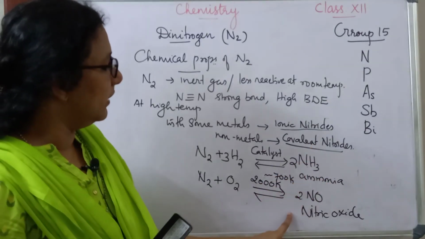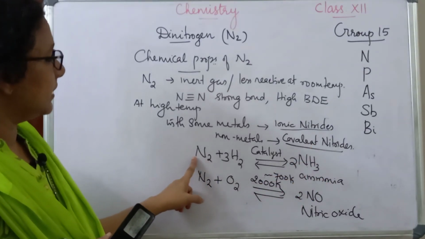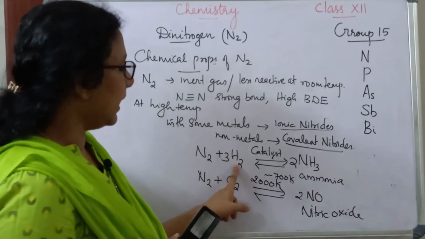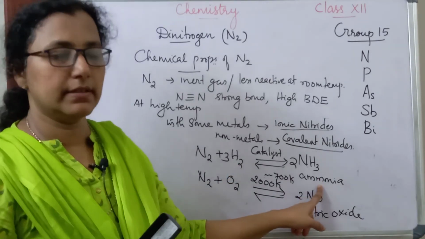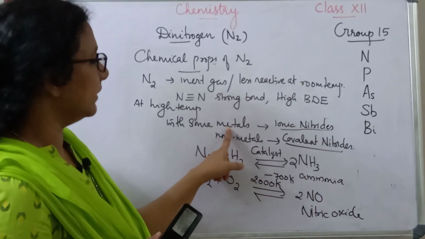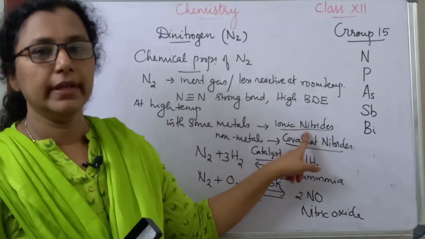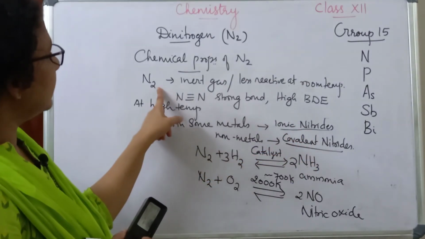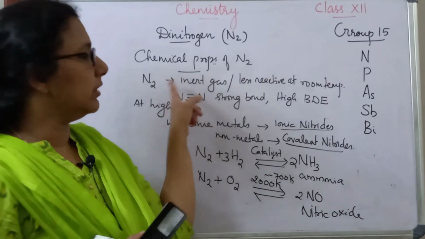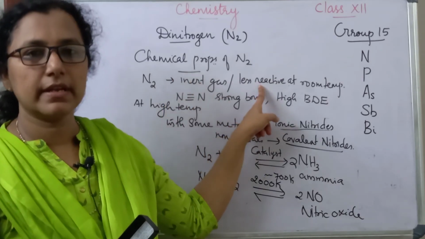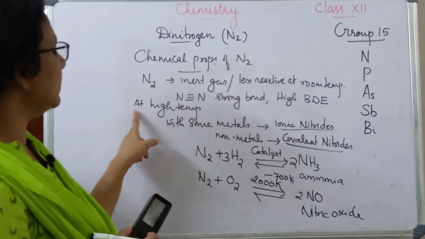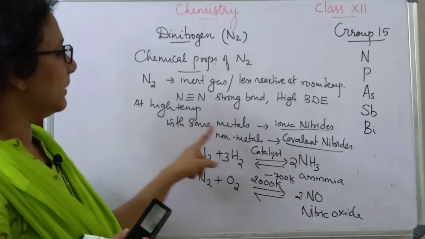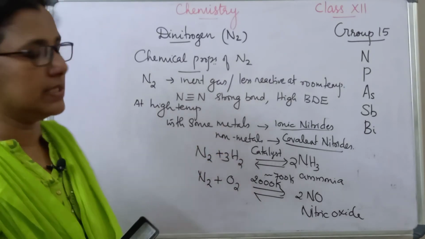Nitrogen and non-metals react together to form covalent nitrides, but in the case of metals and nitrogen, it forms ionic nitrides. So nitrogen is less reactive at room temperature, but at high temperature it reacts with some metals and some non-metals.